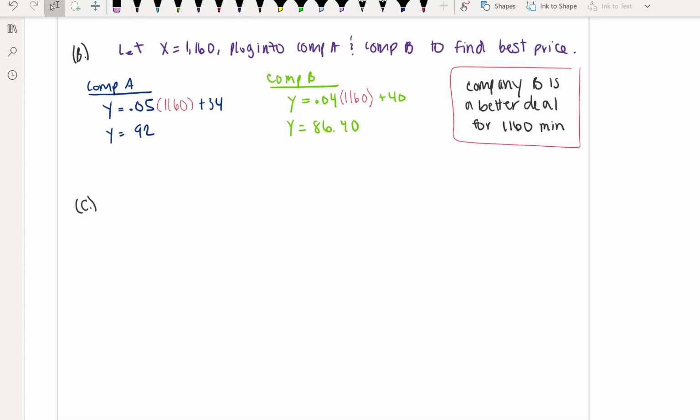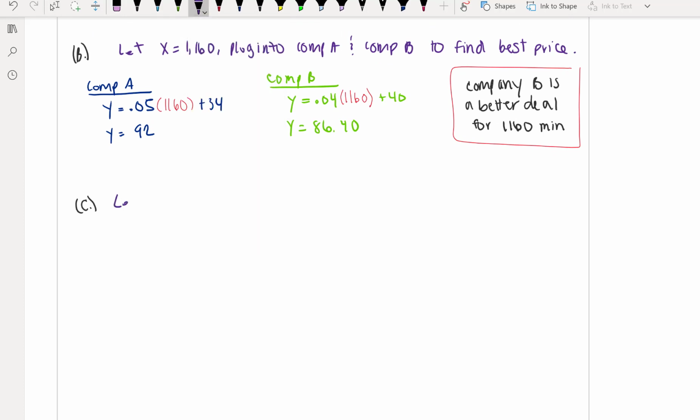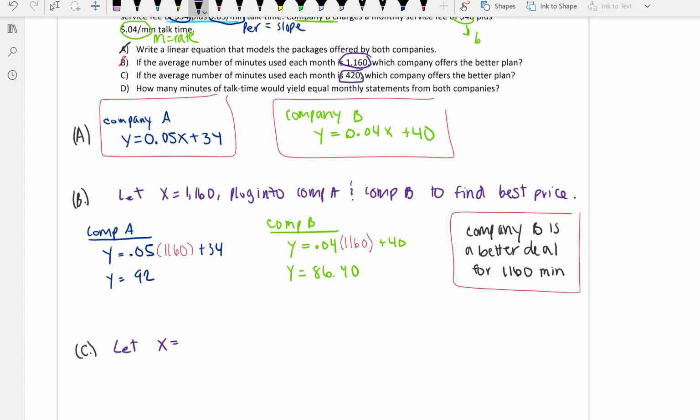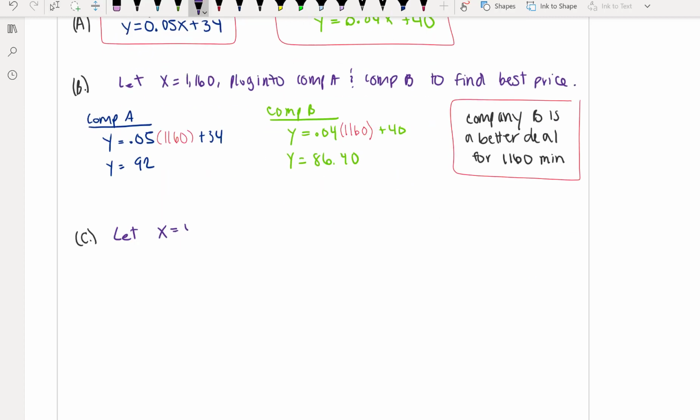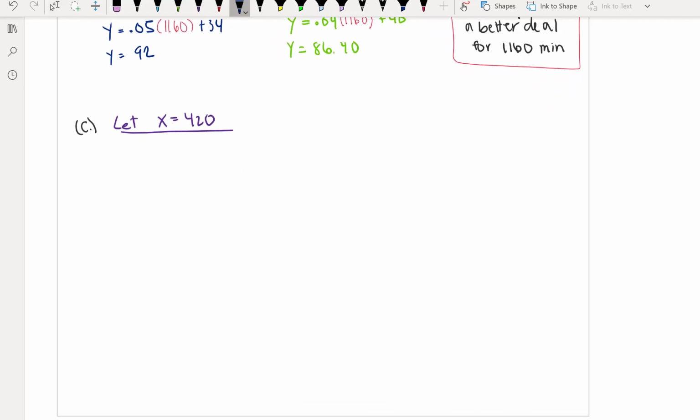If we're talking less on the phone, which one would be the better deal? So we are going to let my x value equal 420. And we're going to do the exact same thing as B. We're going to figure out which one is the better deal.